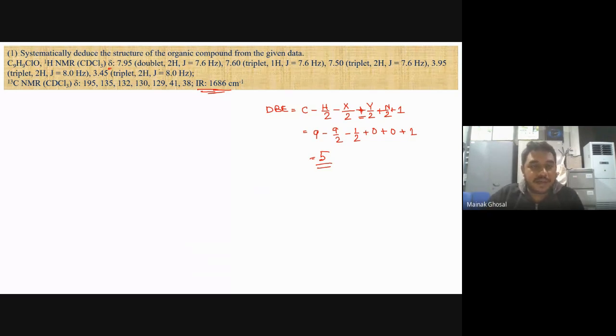In your NMR data you will see a peak at 7.95, which is a doublet of 2 hydrogens with J equal to 7.6. The next one is 7.6, a triplet of 1 hydrogen, and the next one is a triplet of 2 hydrogens. All of these three are different values, which are mainly related to an aromatic compound.